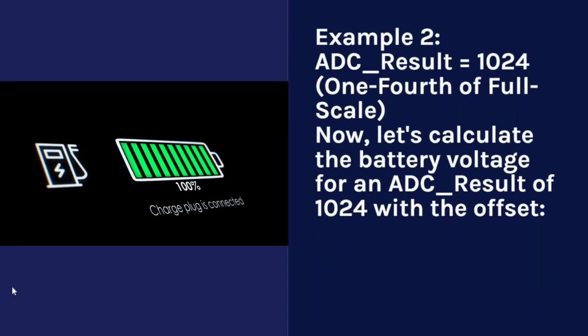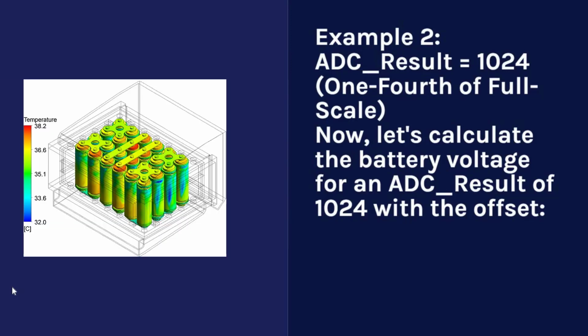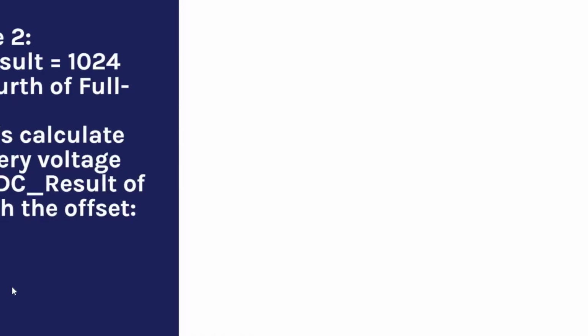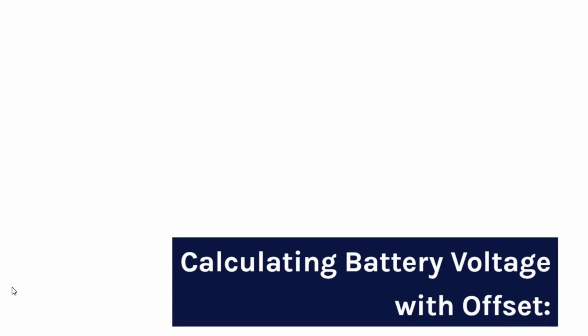Example 2, ADC_result equals 1024, one quarter of full scale. Now, let's calculate the battery voltage for an ADC_result of 1024 with the offset. Calculating battery voltage with offset.